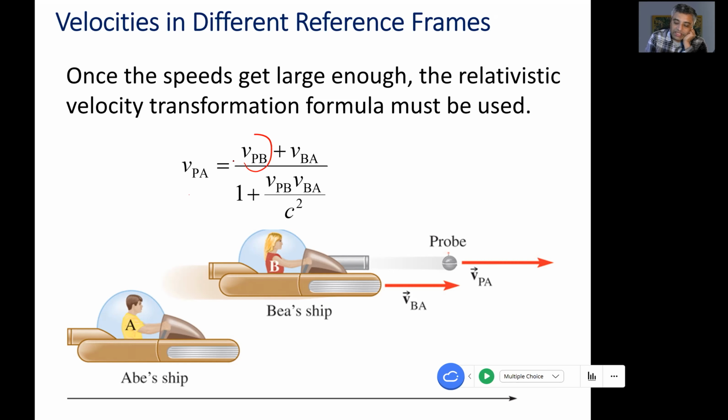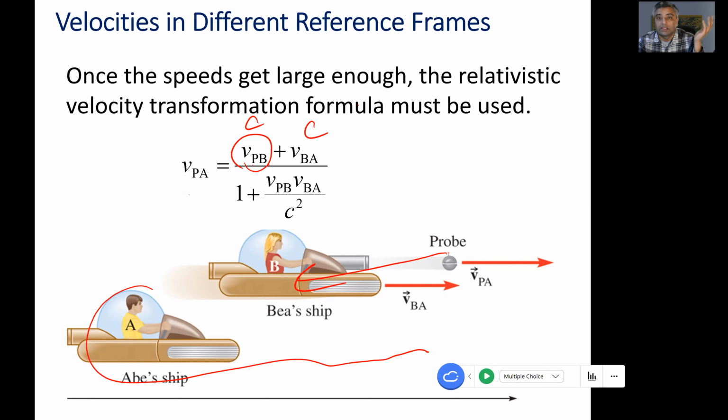Let's say one speed, v_PB, that means speed of the probe with respect to B, is c. And this is also c. So since the speed cannot be larger than c, c plus c has to be equal to c. And is that true? Let's do it.